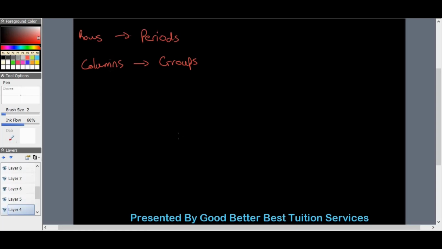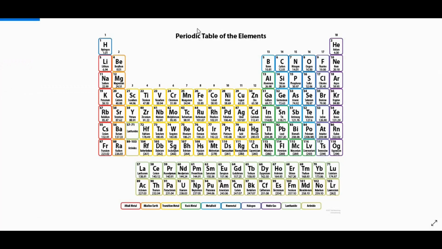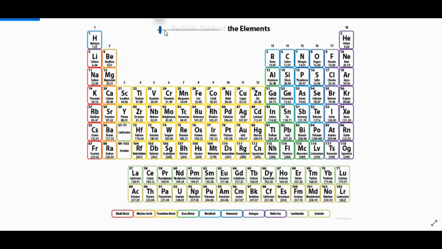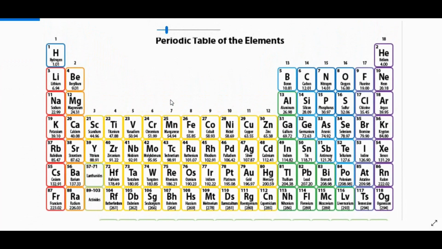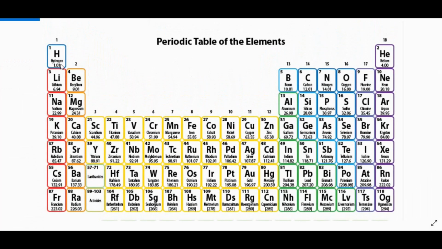If we look at the example in period 1, where we found hydrogen, all the elements in that period have the same number of orbitals, which means it only has one orbital because it only has one electron. So every element in period 1 would only have one orbital, and every element in period 2 would have 2.